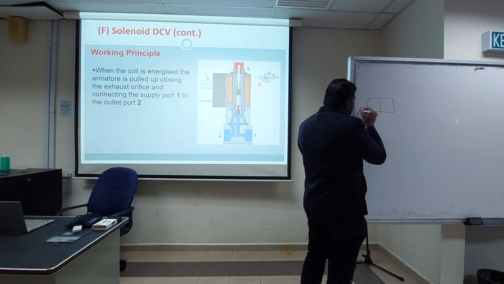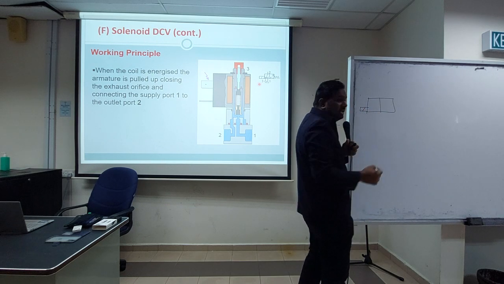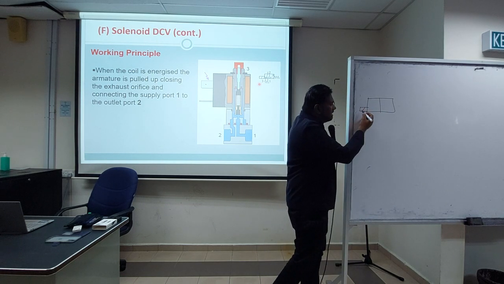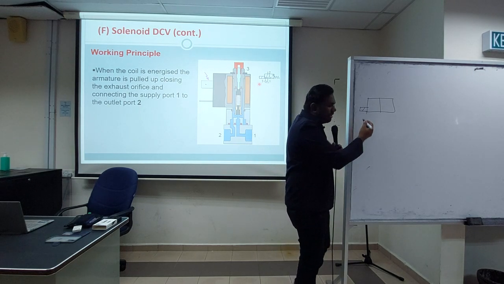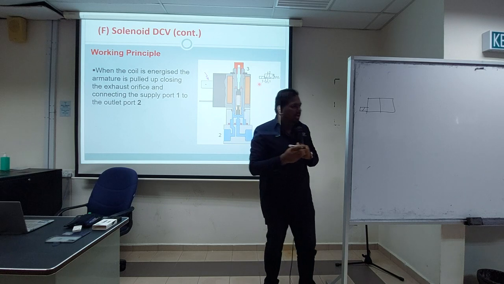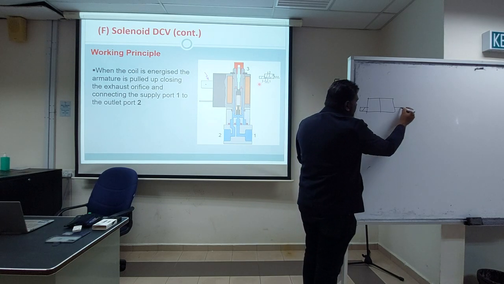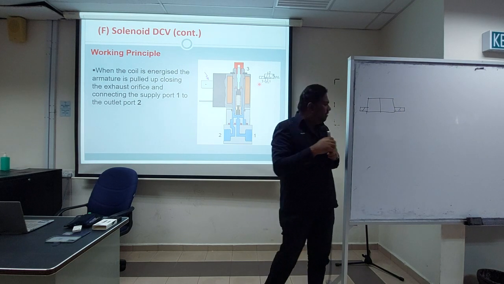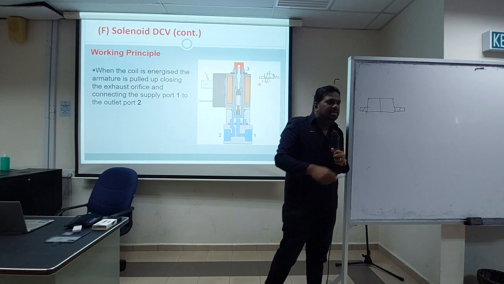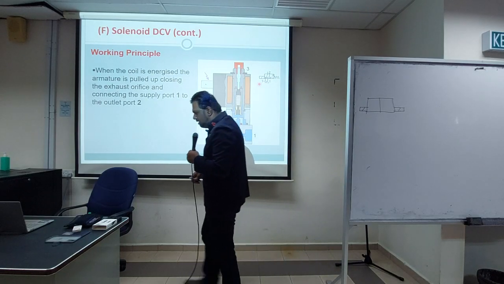So solenoid adalah something yang macam ni. So it has a diagonal line. So kalau you nampak diagonal line ni, so you tahu yang itu adalah solenoid. Kalau ada dua part, so dia akan ada dua solenoid lah. Atau dia akan ada macam ni. So always remember when you see this diagonal line, you tahu yang itu adalah solenoid.